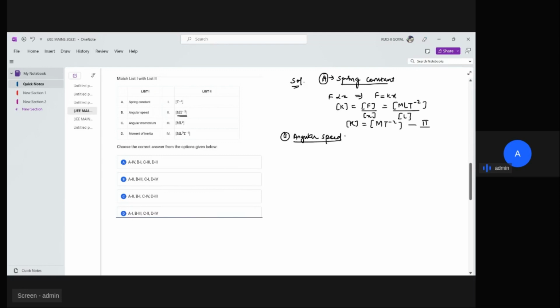Now we can find for angular speed. Okay, angular speed is omega. What is the angular speed? It is the rate of change of angular displacement with respect to time. Angular displacement, that is plane angle, is dimensionless, as we have studied.